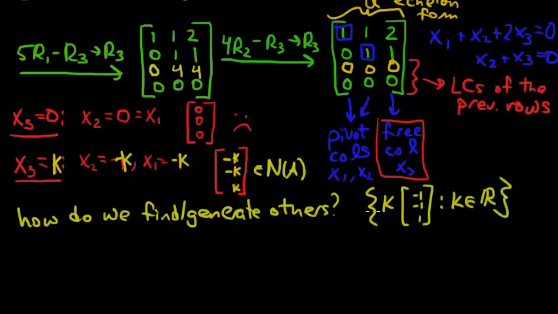So this is our complete null space, the set of scalar multiples of this vector fill the entire null space. And geometrically this is a line through the origin. This is the span of this vector, and it forms a line through the origin.